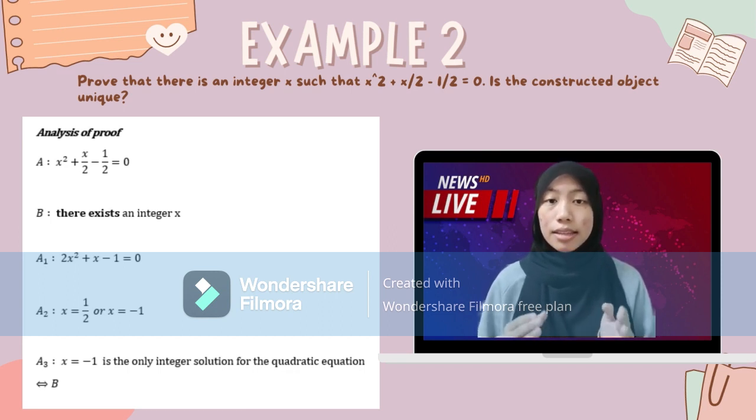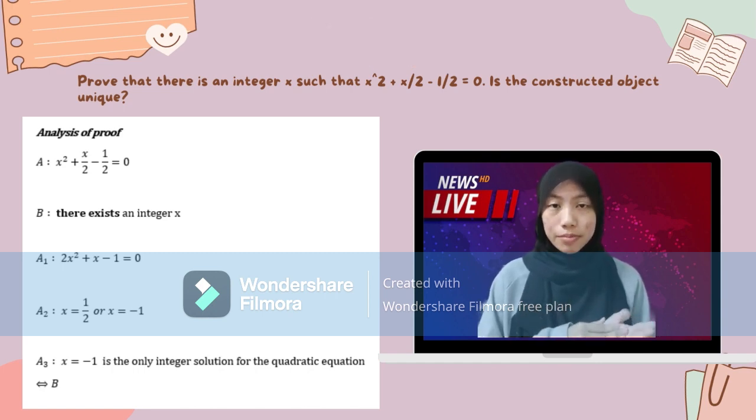There exists an integer x. So x is an integer. x equals 1 over 2 is not an integer, but negative 1 is an integer. So last A3, x equals negative 1, which is the only integer solution for the quadratic equation. So A3 is logically equivalent to B.